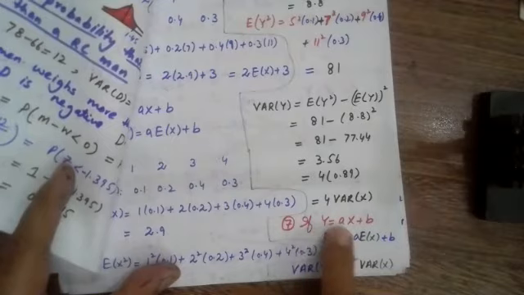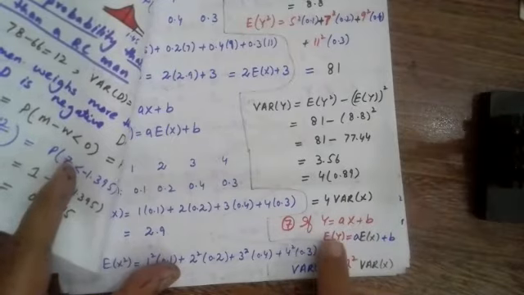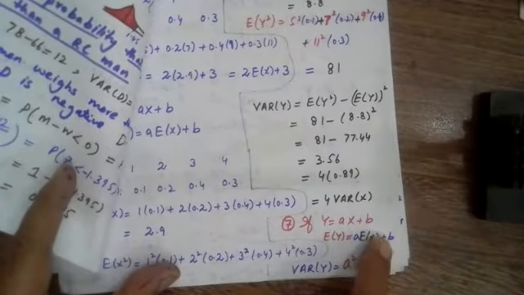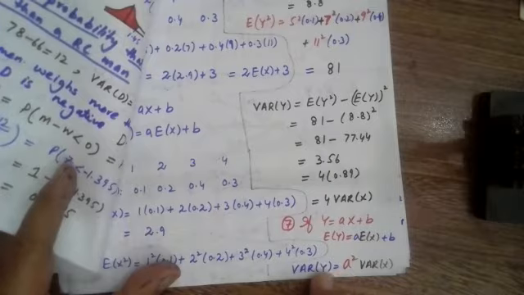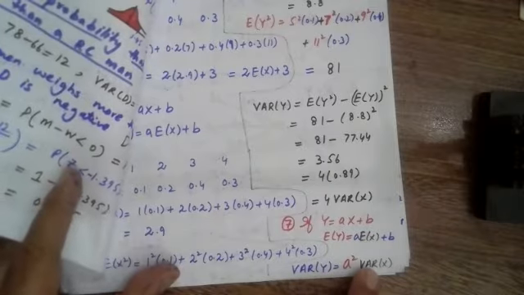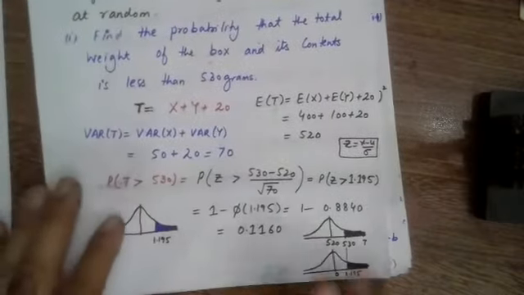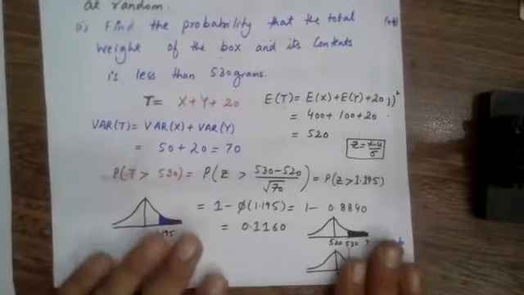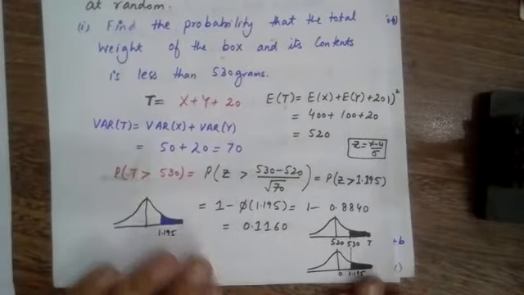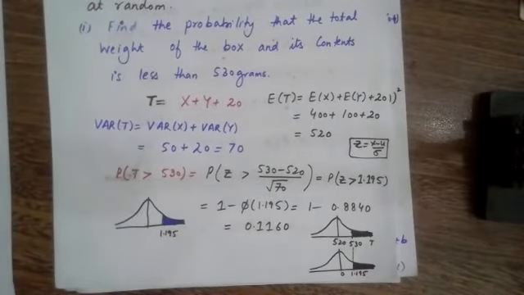You know from the first rule that you studied over here that if y is equal to ax plus b, then in expectation you do put b over here. But when you are calculating variance of y, it's a square variance of x. If you want to remember why we do not add a constant in calculating variance, I gave you an example: if there are 3 brothers having ages 3, 4, 5, their standard deviation is equal to 0.67.